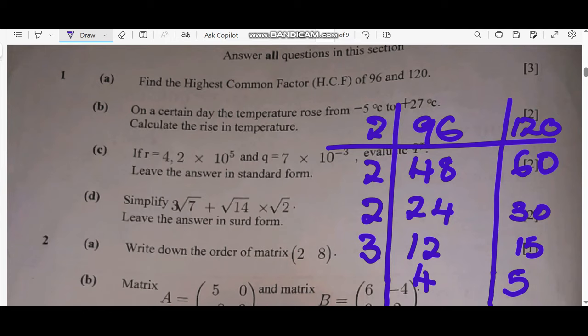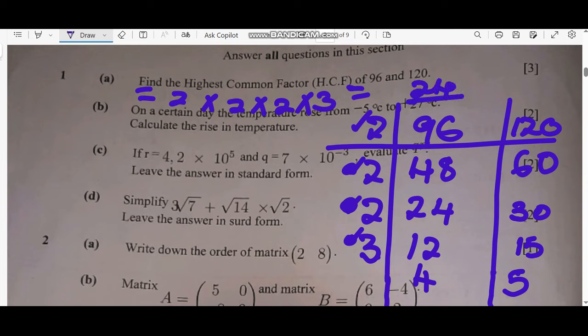So what it means is that these factors we have found give us the highest common factor. The highest common factor for 96 and 120 is 2 times this 2 here, times this 2 here, times this 3 here, and we get 24, which is our HCF.